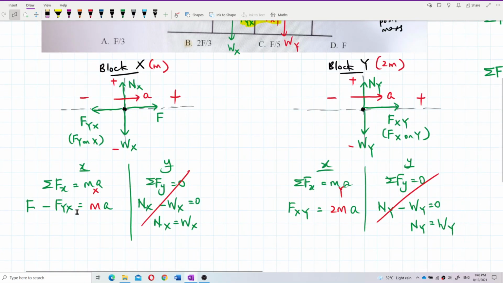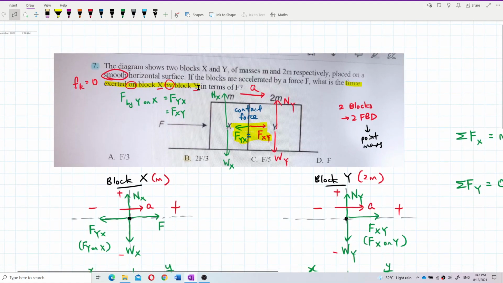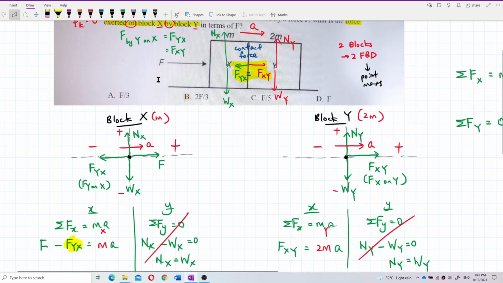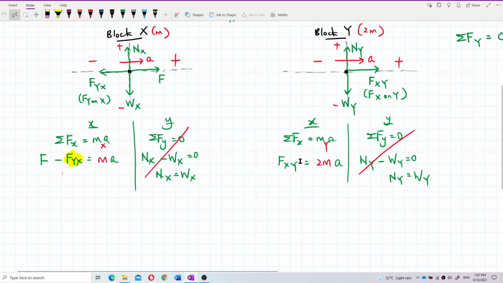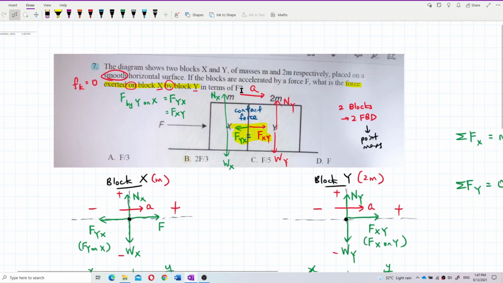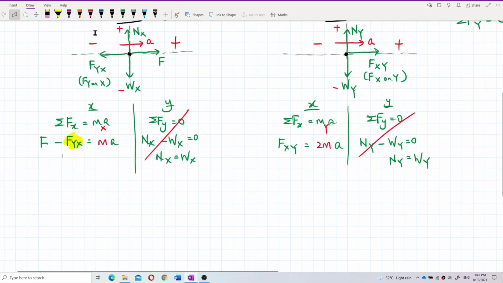So let's do it. We want to find this value, Fyx, the force by Y on X. So we're going to combine these two formulas. We only have F. How are we going to do this?